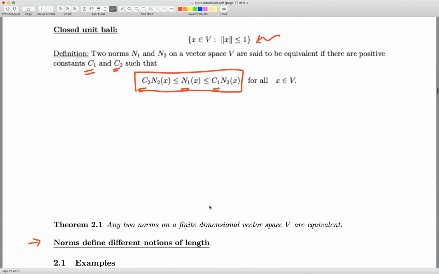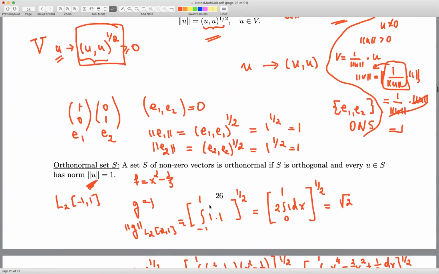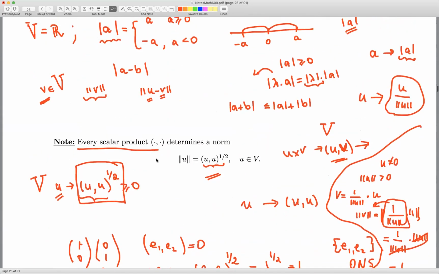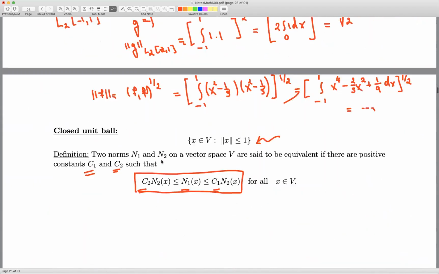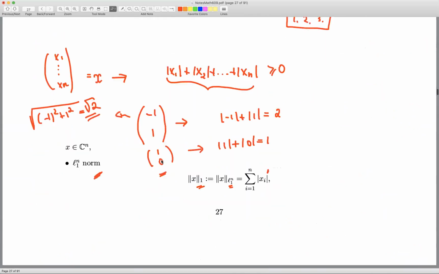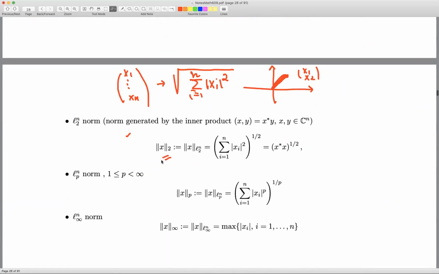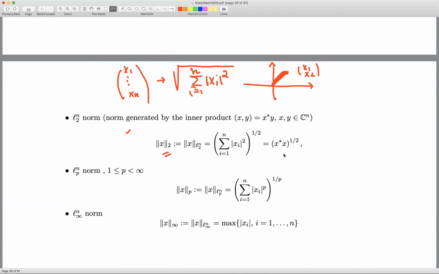Remember that whenever we have an inner product, we generate a norm that is associated to this inner product via this formula. So the Euclidean norm is in fact the norm associated to this inner product, because it is the inner product of x with itself and then taking the square root.